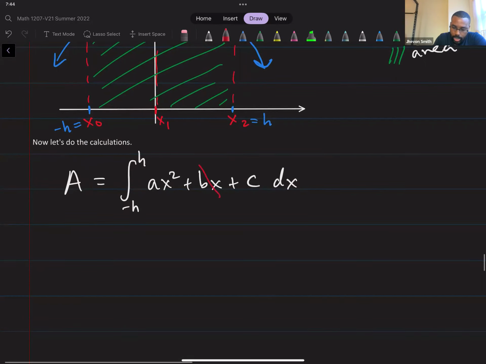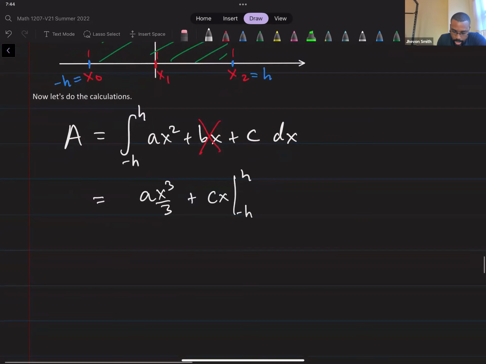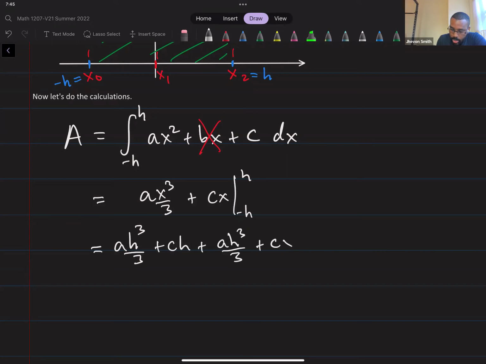Otherwise, this will be ax cubed over 3 plus cx between minus h and h. And then if I plug those in, I would get ah cubed over 3 plus ch. If I'm putting in a negative h and a minus, this will become plus ah cubed over 3, then a minus, so this also becomes a plus ch.